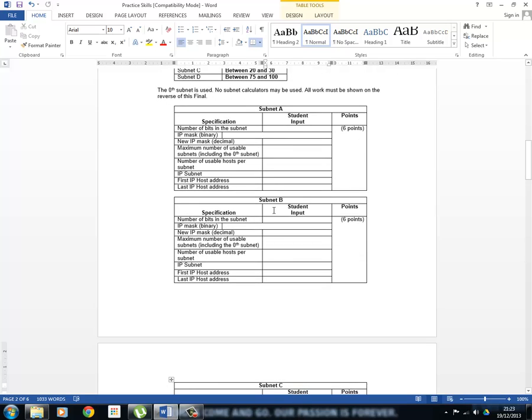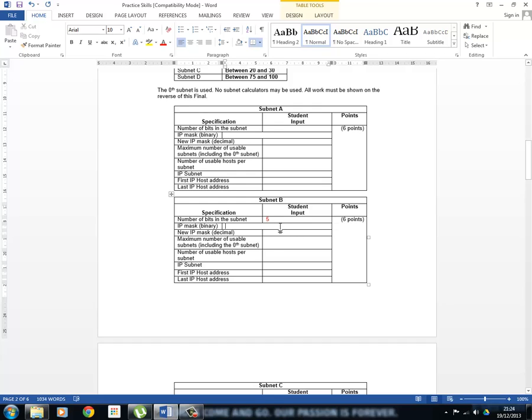So how many bits have we actually borrowed if we're going up in 8? So we've got the 128, the 64, the 32, the 16, and the 8, which is 29. Okay, so that's slash 29. And that means we've actually borrowed 5 bits.